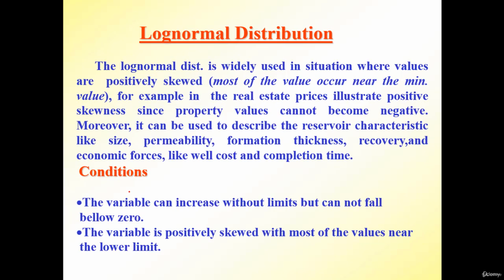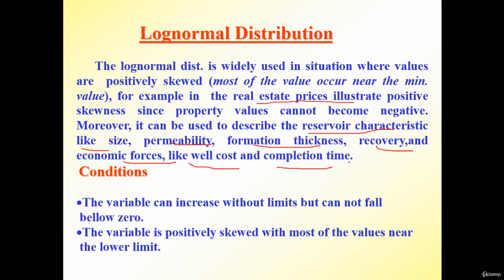Lognormal distribution is widely used in situations where values are positively skewed, because most of the values occur near the minimum value. For example, real estate prices, because they will be positive and cannot become negative. It can also be used for reservoir characteristics like size, permeability, formation thickness, recovery, economic forecasts, well cost, completion time, and so on.